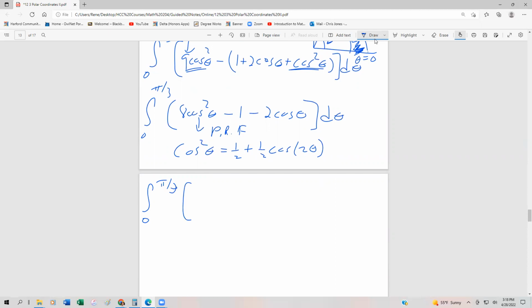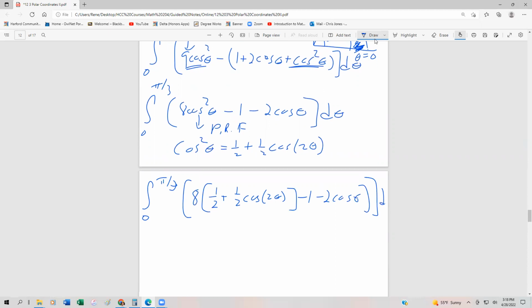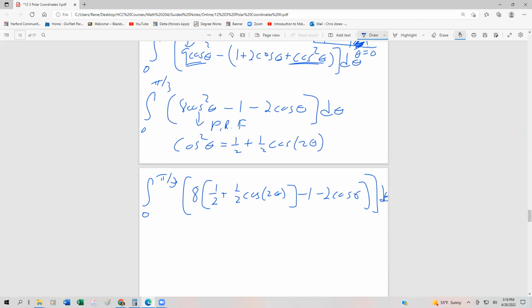of 8 times 1/2 plus 1/2 cos of 2 theta. We still have the -1. We still have the -2 cos of theta. And then we have a d theta. I probably don't need this second bracket in here. And then finally, we're going to combine some like terms.